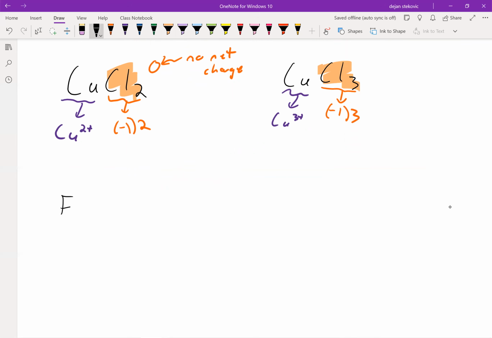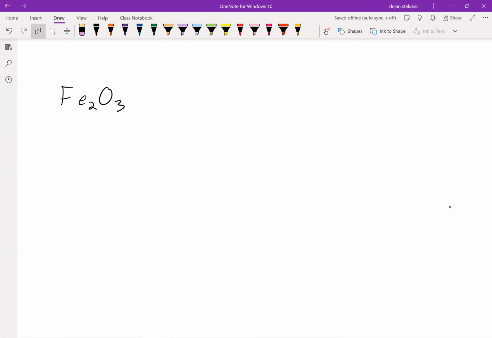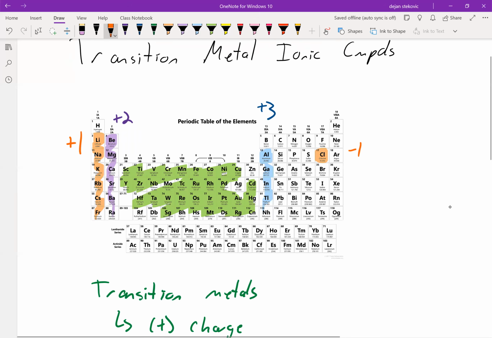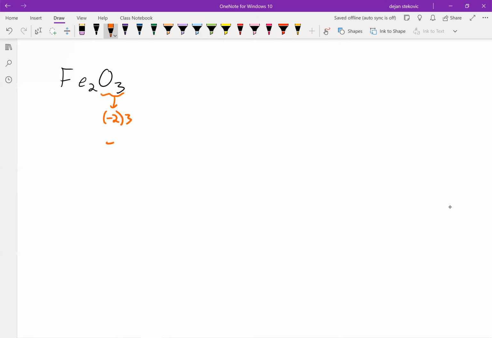For example, iron oxide comes in many different forms. One of the forms is Fe2O3. And so we want to know the charge of the iron in this iron oxide. We know from our periodic table that oxygen, it's right over here, is going to have a -2 charge. So each one of these oxygens has a -2 charge, and there's 3 of them for a total of -6.